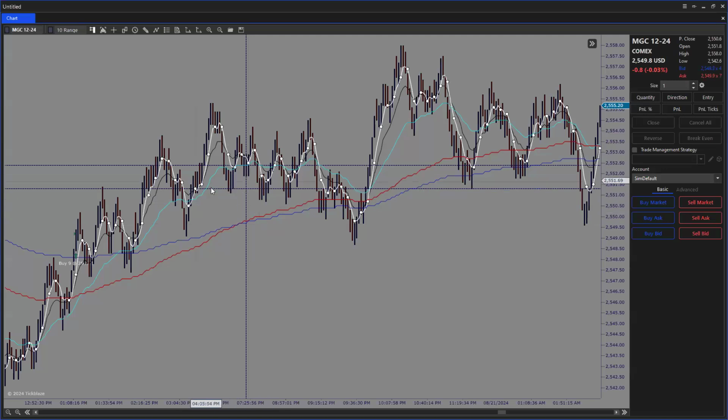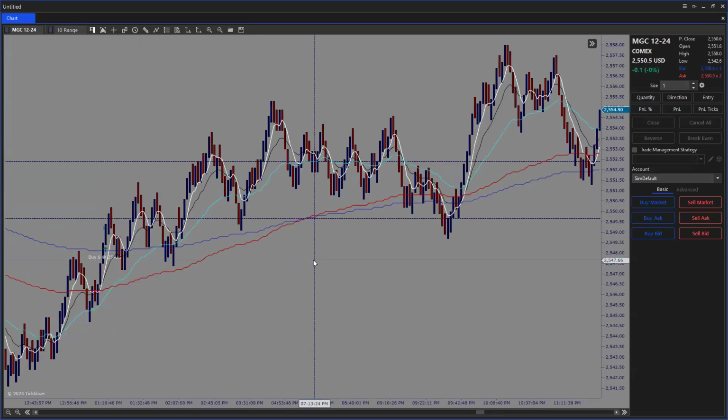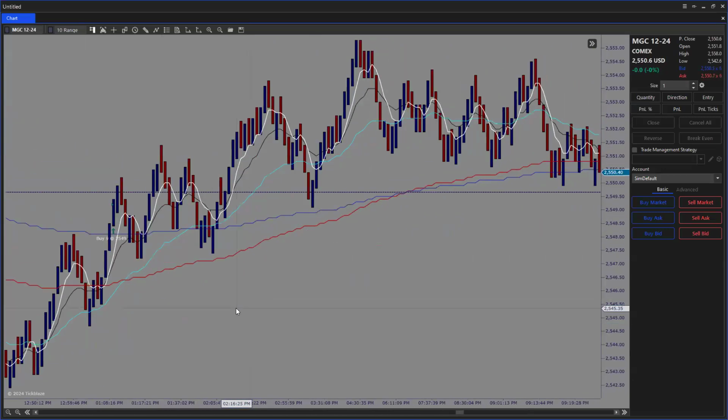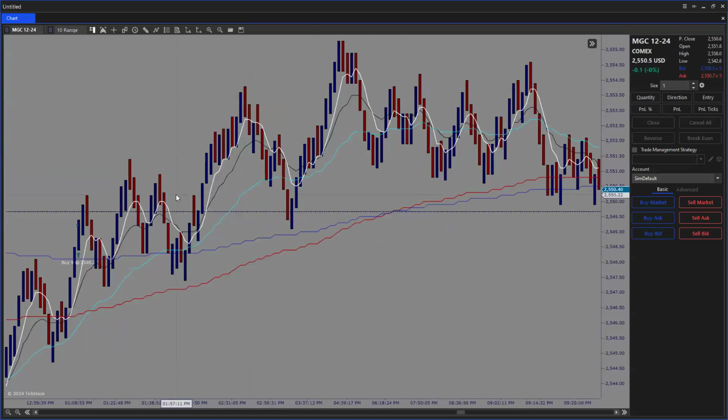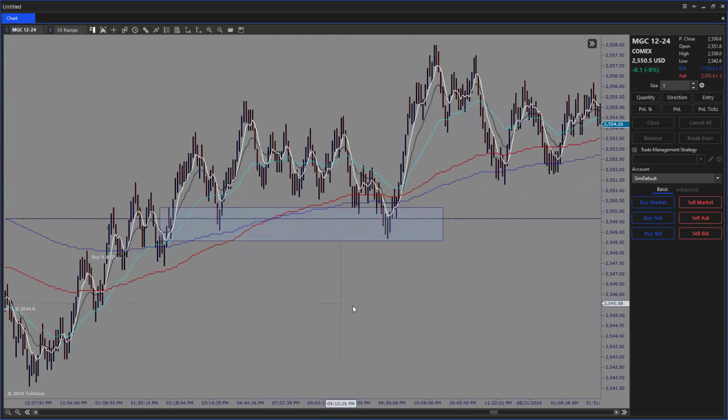So this is one where I would go to the next one down here. Let's zoom in on this one. And then we've got one right here. This was tagged already as well, but not after the cross. So if you wanted to trade this one, that would have been a trade right there.